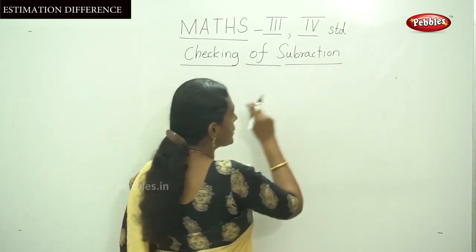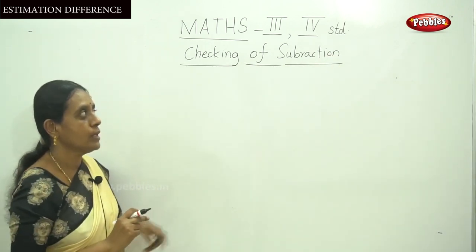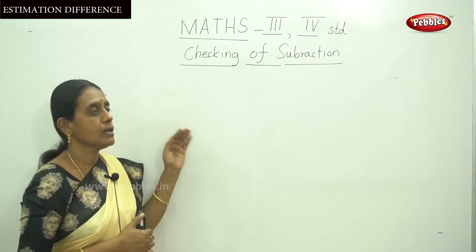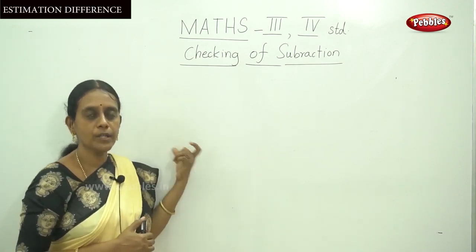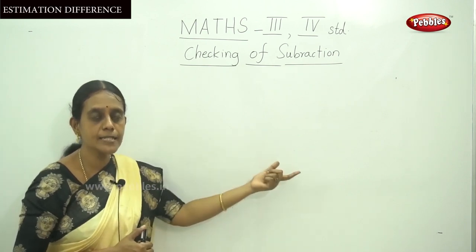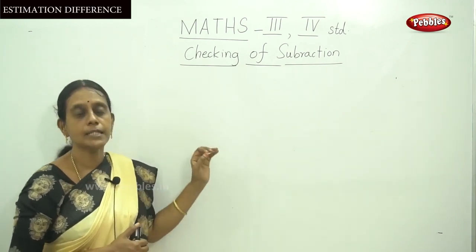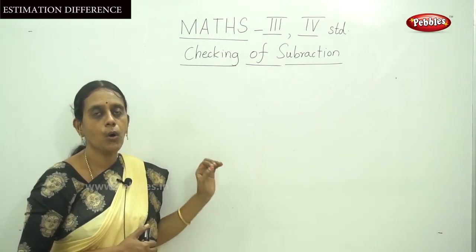As we learnt in our properties of subtraction, we calculate the minuend value by adding the difference and subtrahend. This is the same technique to check whether our subtraction is right or wrong.